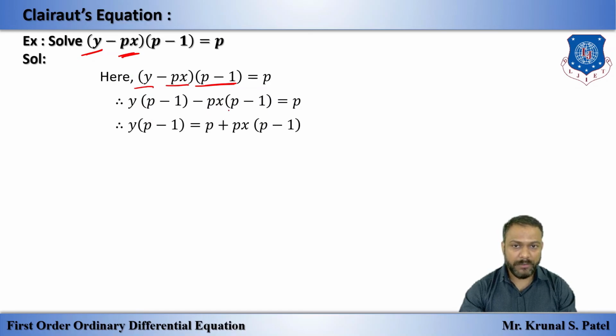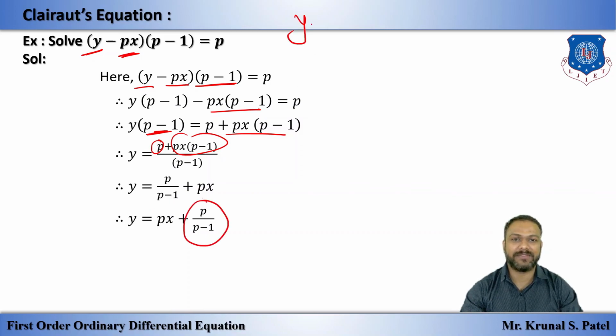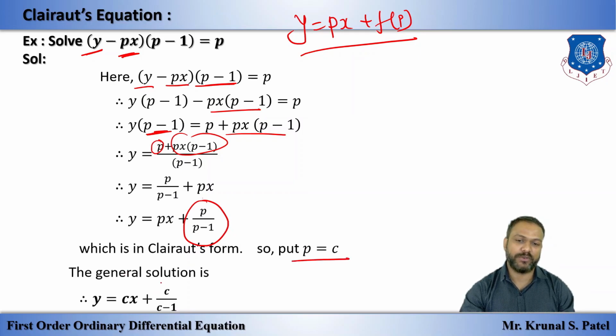Taking this on the right hand side, it will become plus, and now divide by p minus 1, so y is equal to this, and by splitting this divided by this and this divided by this, we have this term. So we can write y is equal to px plus this. So this is exactly y is equal to px plus a function of p. So this is Clairaut form, and in Clairaut form we know that we have to put just p is equal to c. This is our general solution.